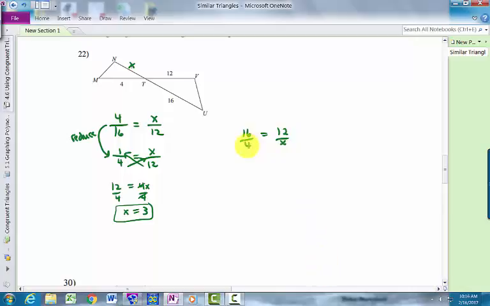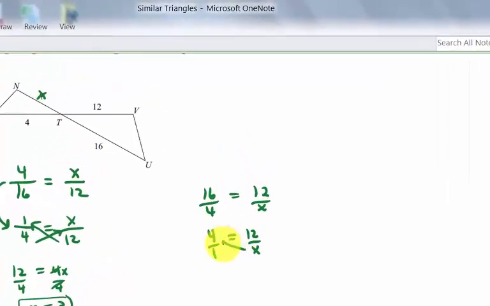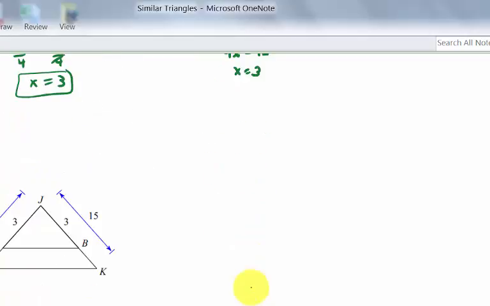You would get the same thing because 16 over 4 is 4 over 1. Then if you did the cross product, 4 times x is 4x, 1 times 12 equals 12. Divide by 4, you get x is equal to 3. Doesn't matter which way. I usually choose small to big. It's just habit. Okay, let's move on.